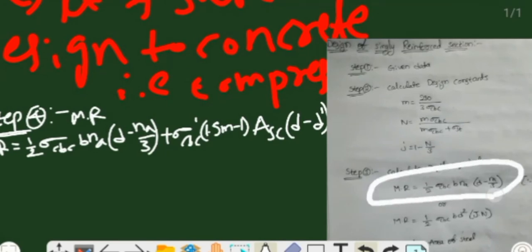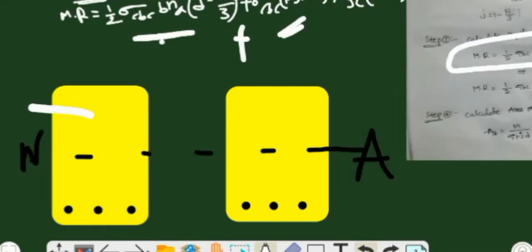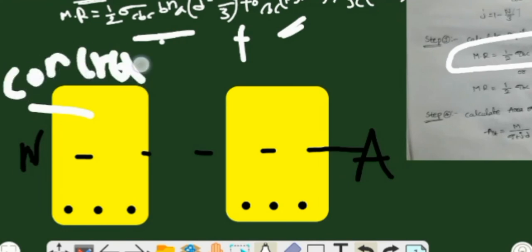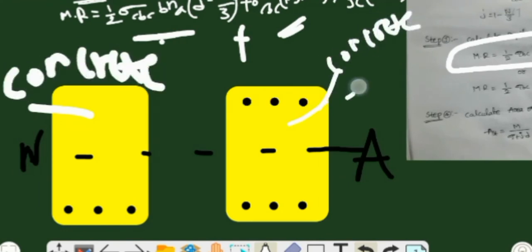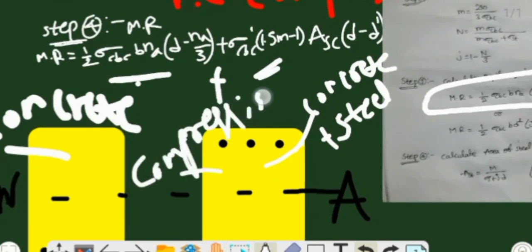This first portion is similar to the singly reinforced section, but additionally we consider this portion because of the compression zone. In a singly reinforced section the compression zone has only concrete, but in a doubly reinforced section we have concrete and steel. So we have to consider the reinforcement force also in the compression zone.